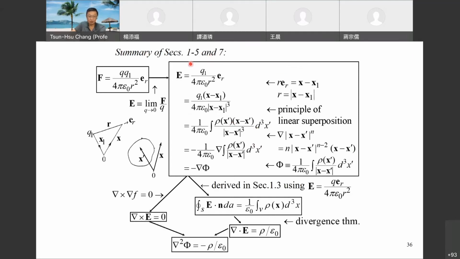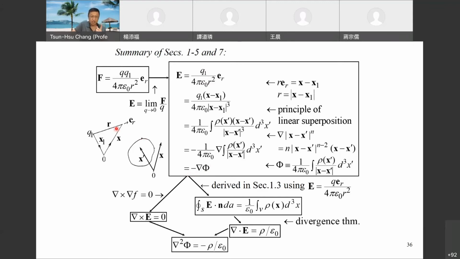Okay, that's a summary of sections 1.5 to 1.7. Just a simple summary. That's from empirical, from Newton's law. That's Coulomb's force, gravitational force, and Coulomb's equations. If the test charge is very small, you can write the E field as this one. And for infinite space, you can write it into this one. This is a special case.